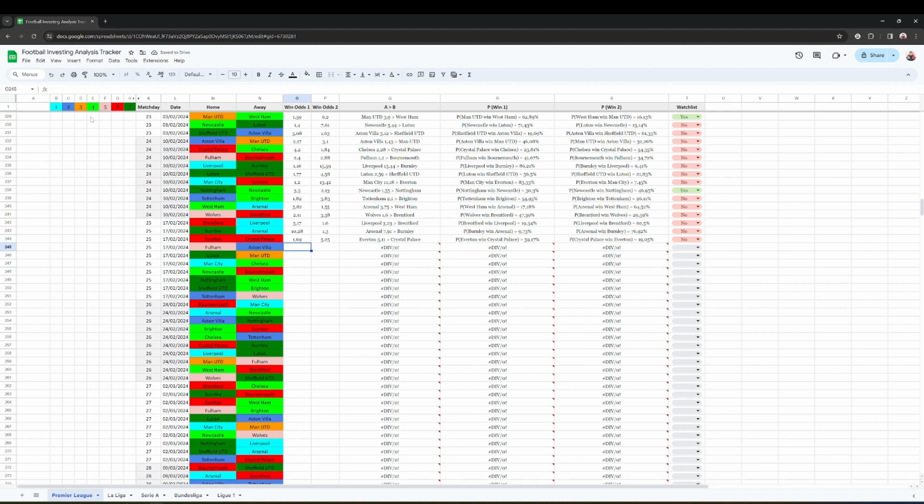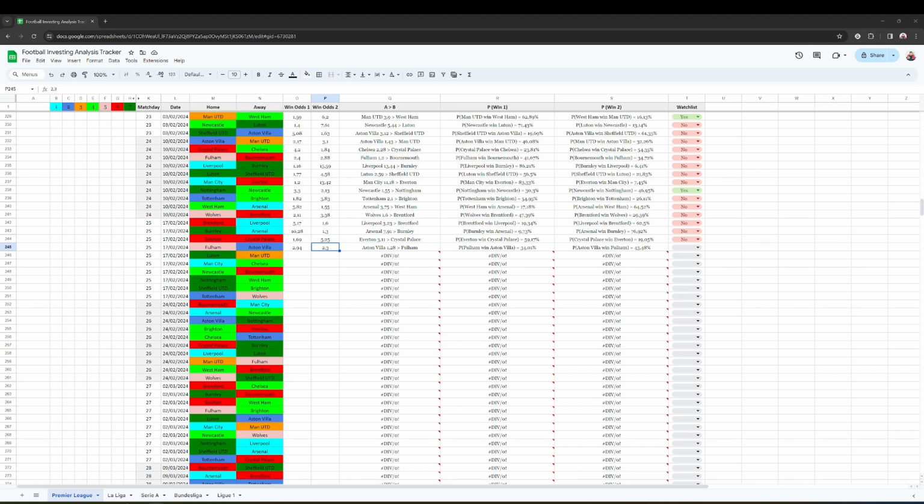Fulham, Aston Villa. I'm expecting Aston Villa to be the favorites. Which they are. Not that significant favorites. It's not as strong favorites as one would expect. 2.3, but I think it's justified because we know how Aston Villa performs away, right?